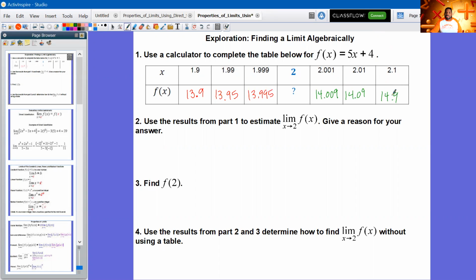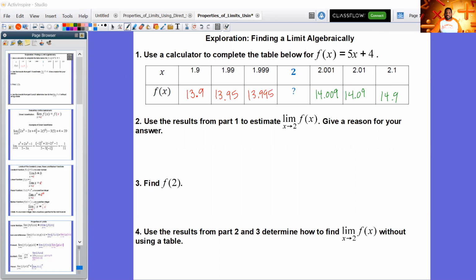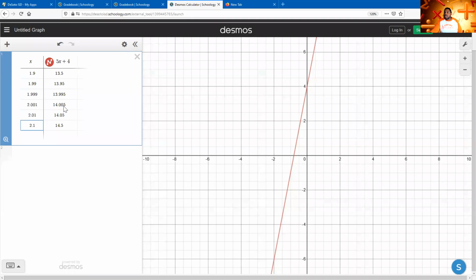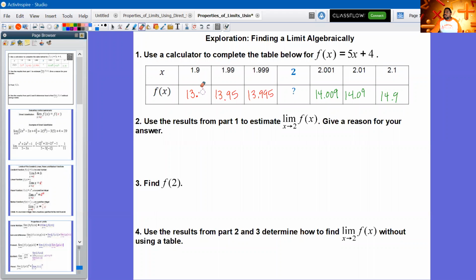I'm going to double check my table here. Double check my values here. I'm going to just switch between calculator and Desmos just to make sure. It's a 5. I'm going to make those changes. 13.5, and then I'm going to put my 5s here based on the results of the calculator.